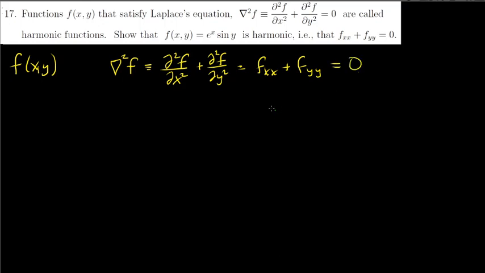We'll talk about that when we get to chapter 15, I think. But for now, the definition of this is that it's the second partial derivative of f with respect to x, and then x, plus the second partial derivative of f with respect to y, then y. Or you can also write it as fxx plus fyy equals 0. So that's Laplace's equation.